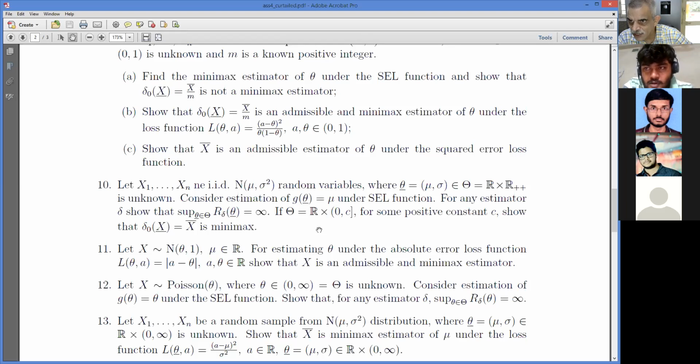For fixed sigma square, you know the Bayes estimator. Then you have to consider only a prior for mu. Then what you say is R(delta, mu, sigma square) when you are only varying mu. That itself goes to infinity for any fixed sigma square.